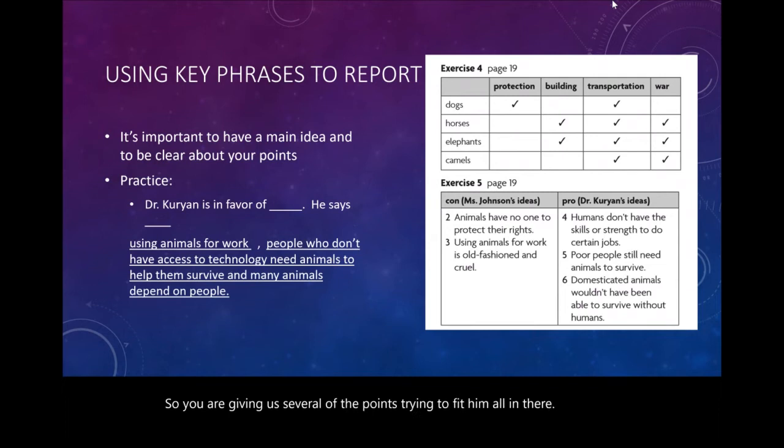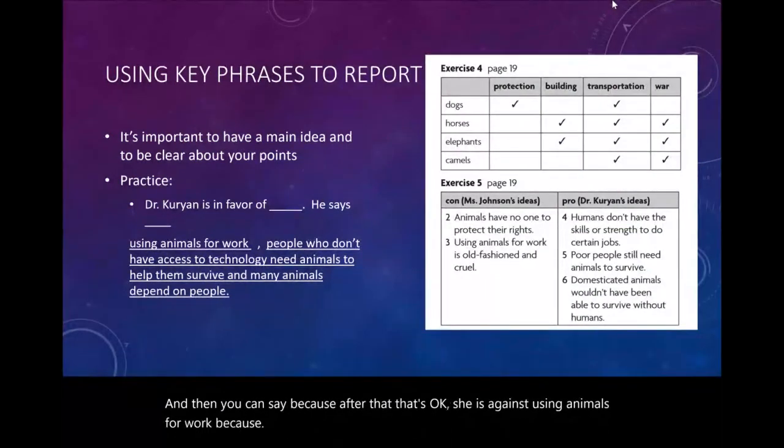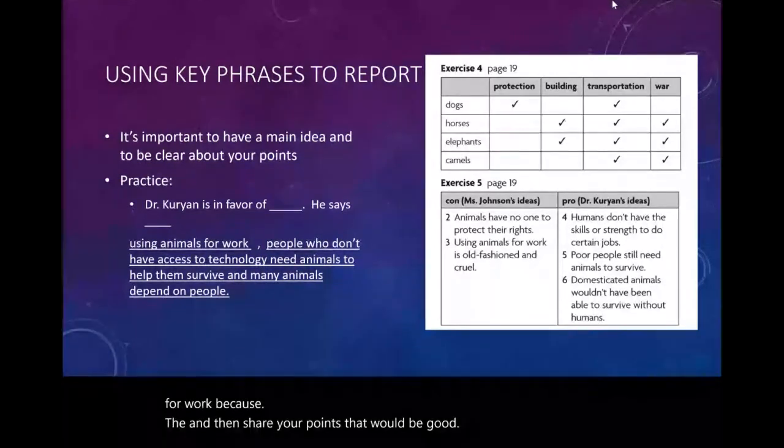That's good, Norma. Just for the beginning part, we want to say Mrs. Johnson is against using animals for work. And then you can say because after that. That's okay. She is against using animals for work because, and then share your points. That would be good.